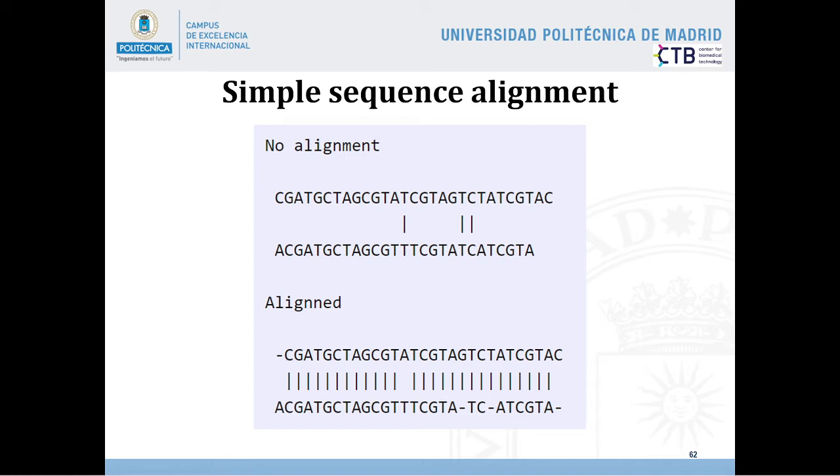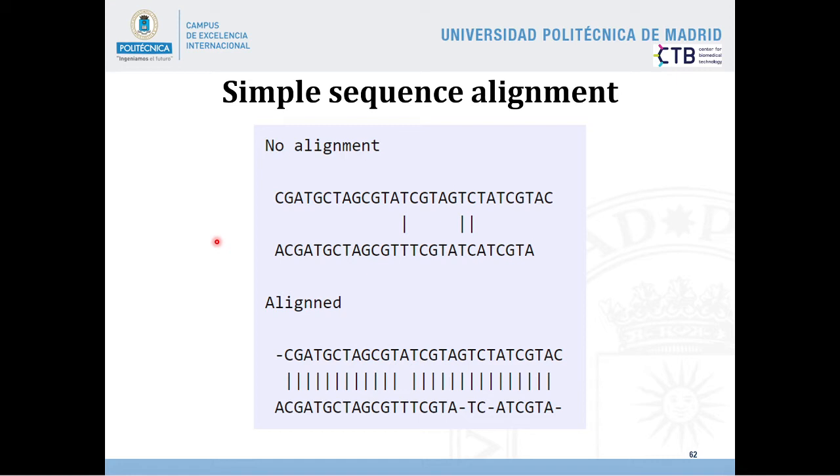Okay, as you can see in the first example here, we have two chains, two sequences of DNA that we want to align. At first, if we just align them by the first nucleotide, you can see that only three base pairs are aligned.